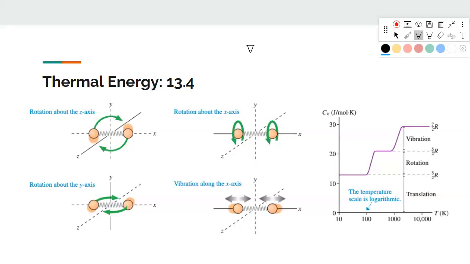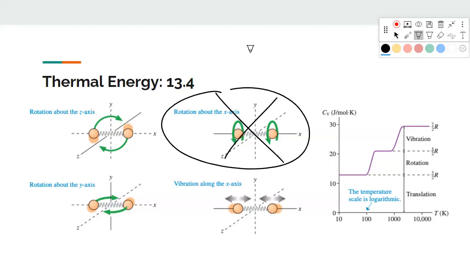But the X direction rotation is symmetric. So we don't count this as a degree of freedom for a diatomic molecule. And then we also have these vibrational modes of freedom. And so we get 3 from translation, 2 more from rotation, and 2 more from vibration.